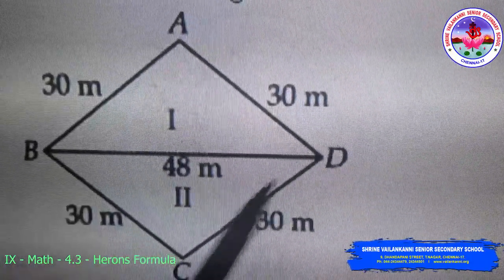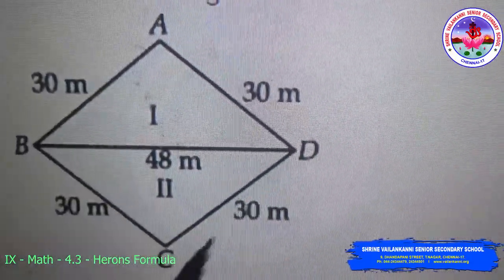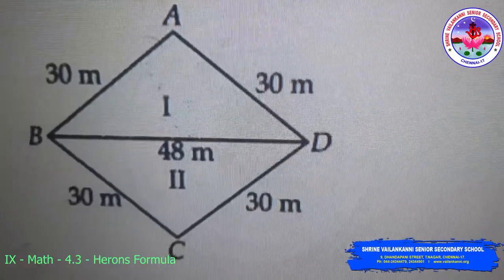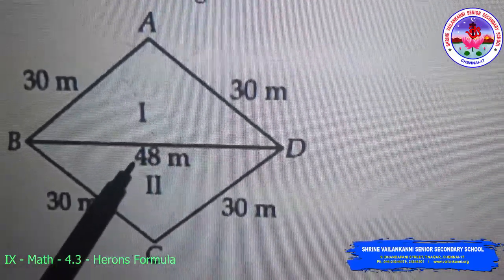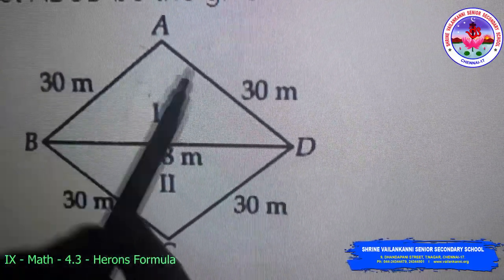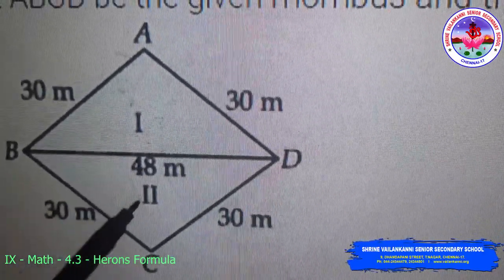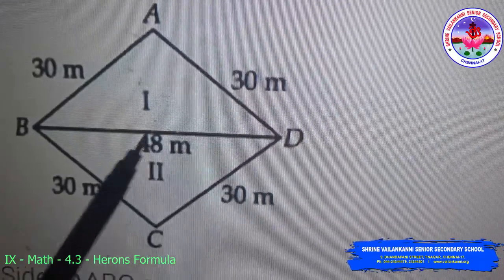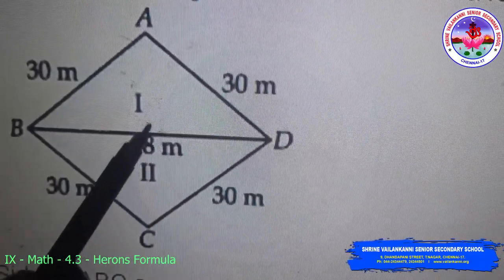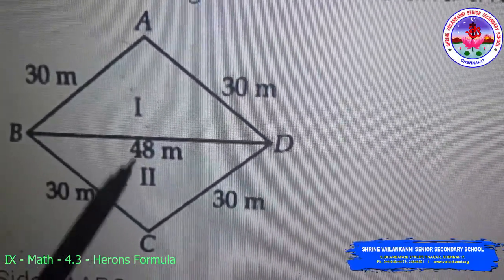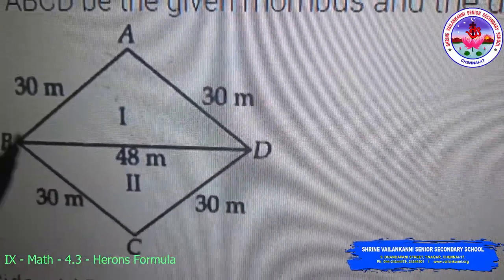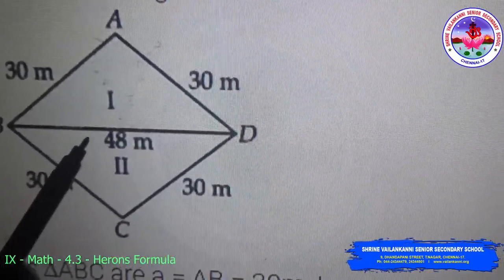Let us draw a rhombus shaped field ABCD, and we are taking one of the diagonals BD as 48 meter. We want to find out the area of the rhombus. So we are dividing this rhombus into two triangles by the diagonal whose length is 48 meter.